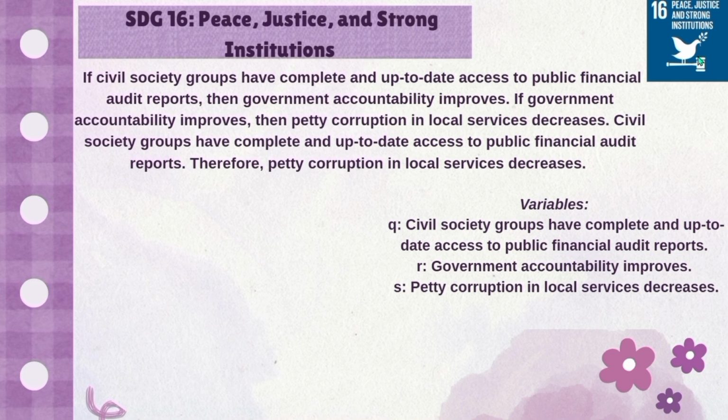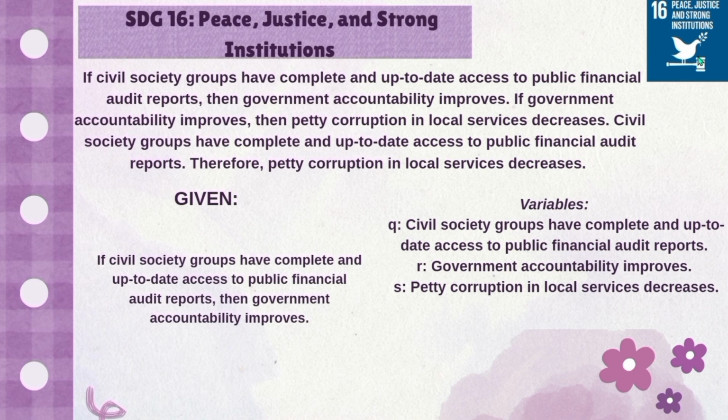Now, as we have been doing for the past two arguments, what we're going to do is translate the given hypotheses into their symbols, and let's start with the first sentence that says, if civil society groups have complete and up-to-date access to public financial audit reports, then government accountability improves.